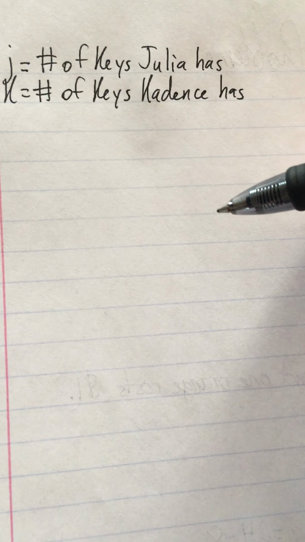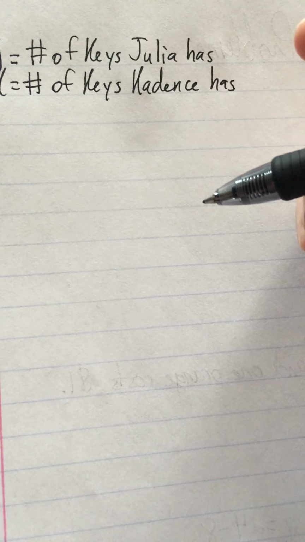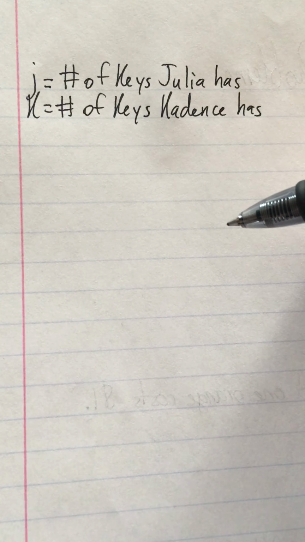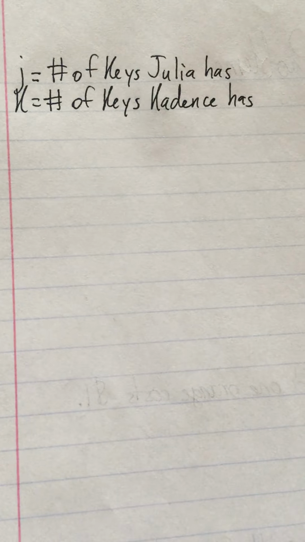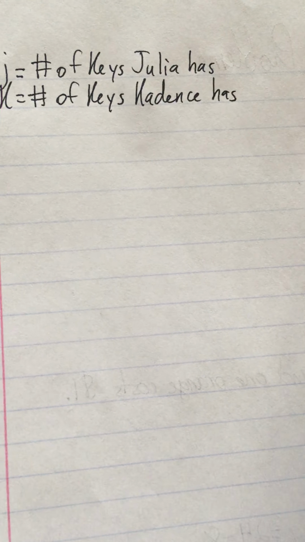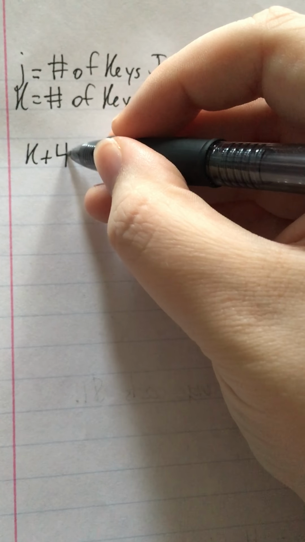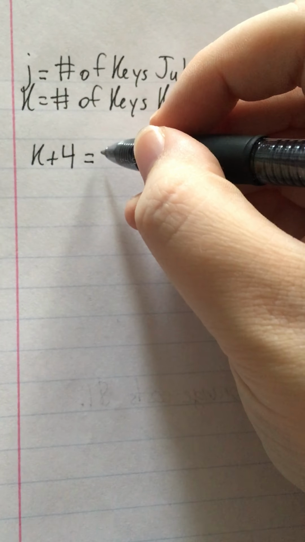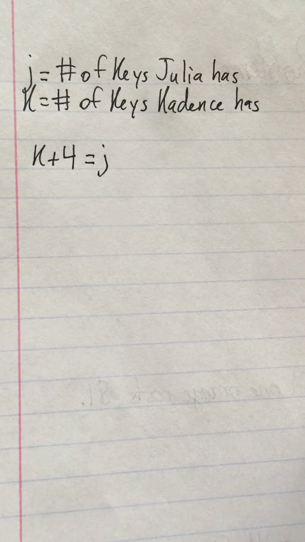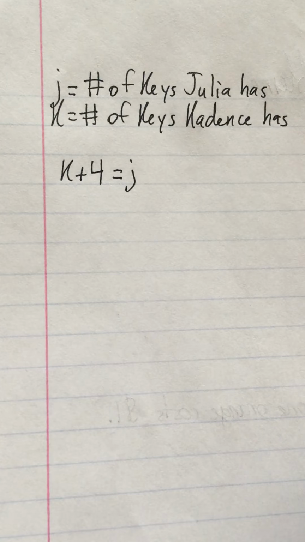We know that Julia has 4 more keys on her keychain than Cadence has. So a way that we can think of this, and it can be a little tricky to think about, but if you give Cadence 4 more keys, then she'll have the same amount of keys that Julia has. That's the way I thought about it for that question.